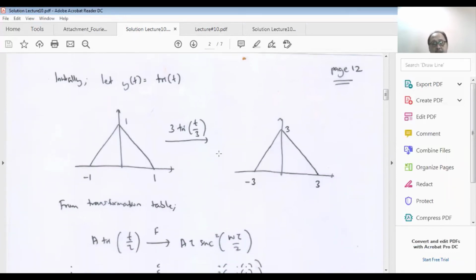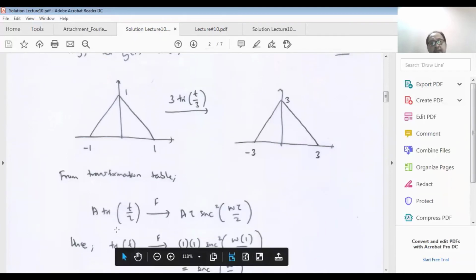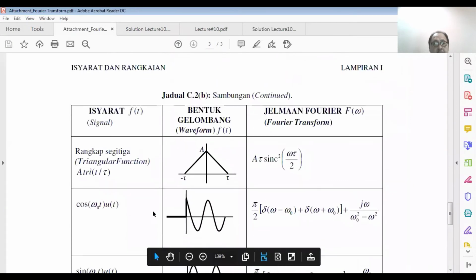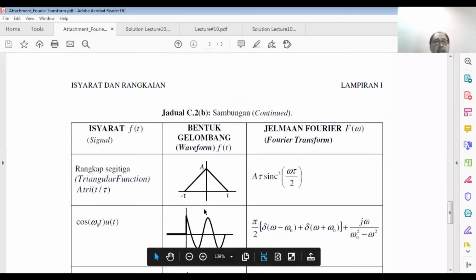Okay, so let's have a look at the transformation table, attached down here. If I have A triangular T over tau, you can refer to this table. The first transform is given by this.